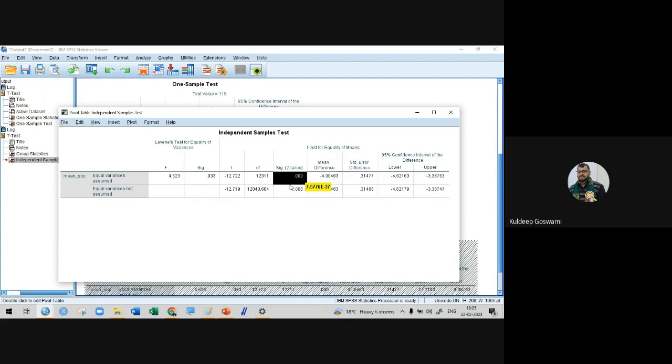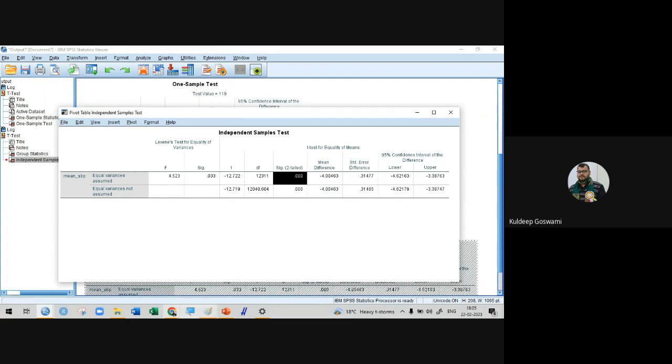So by seeing this significance value, we can conclude that there is a significant difference between male and female respondents in their systolic blood pressure.